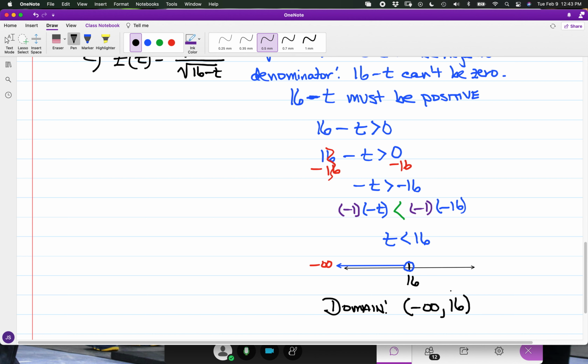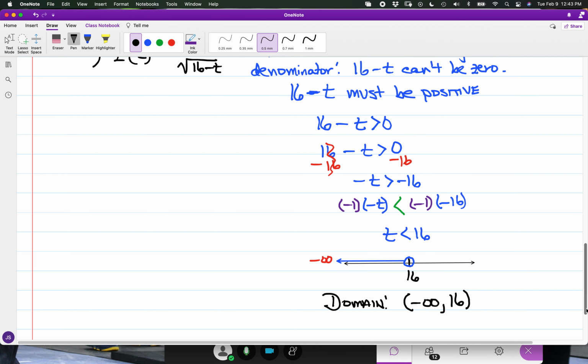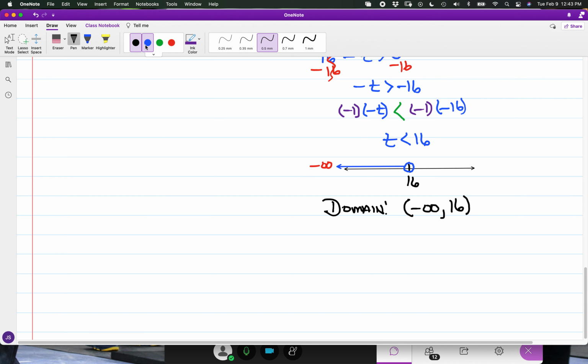Now for number 104, and I tell you what, we'll look at s of x and t of x, as well as r of x. So just for 104, we'll look at all of these functions.